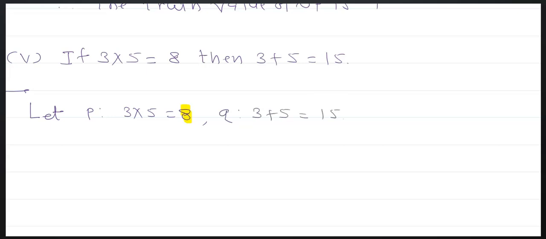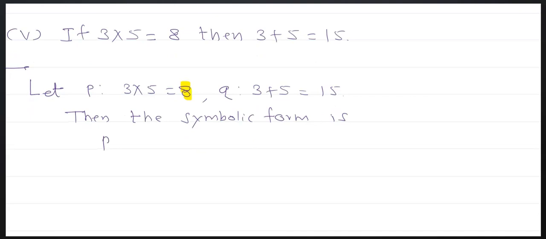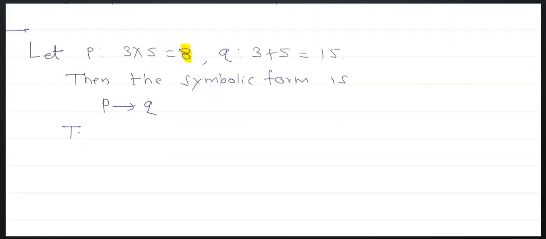Now P is 3 into 5 is equal to 8. Q is 3 plus 5 is equal to 15. Symbolically, symbolic form is P implies Q. Now the truth value of P is F and truth value of Q is F. F implies F. Both are same, therefore it is true.